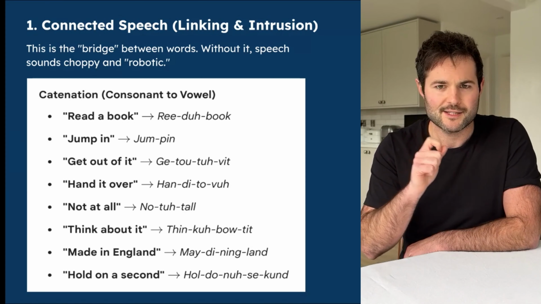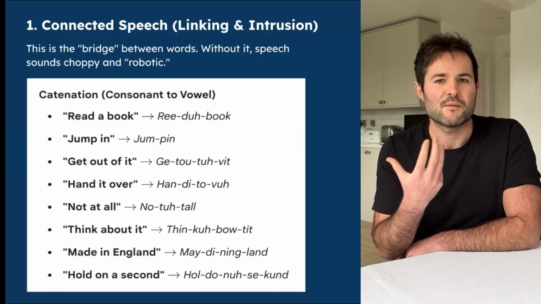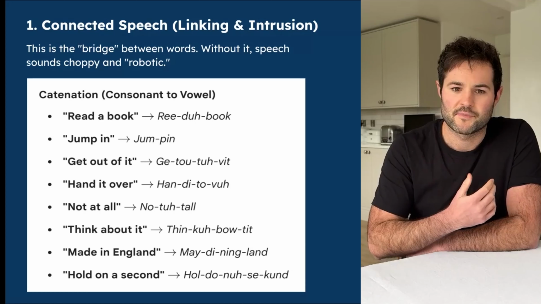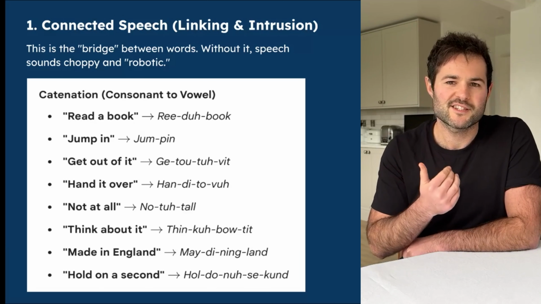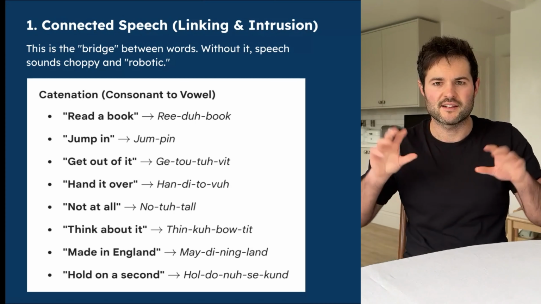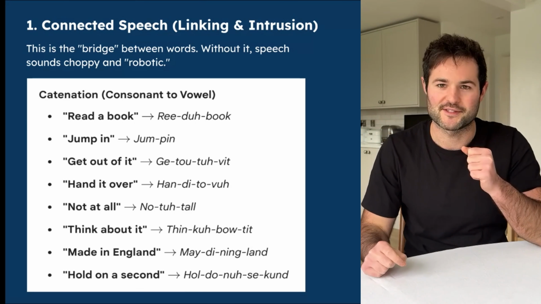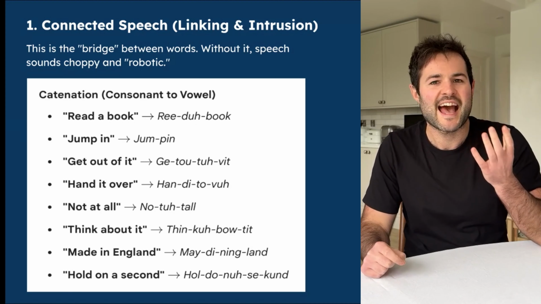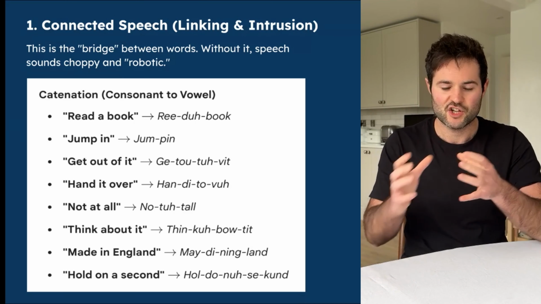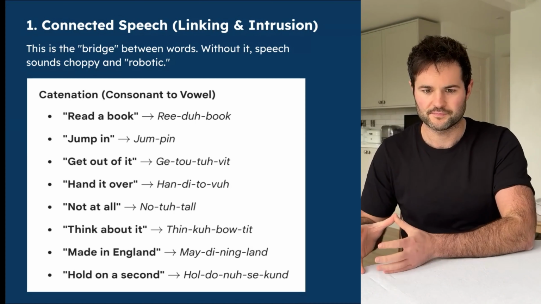But connected speech is really the bridge between words. And without it, speech sounds choppy and robotic. The first one I want to focus on is something called catenation, which is consonant to vowel.